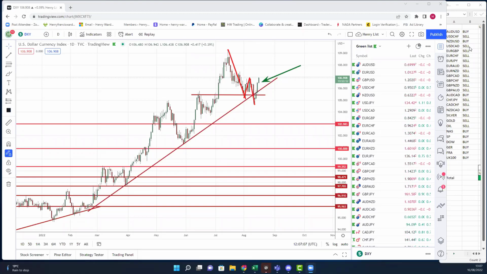This means the dollar is not something I am trading. Why? Because it's done exactly the opposite of every indicator that I can see. Does that make sense? So I am not looking to trade this.